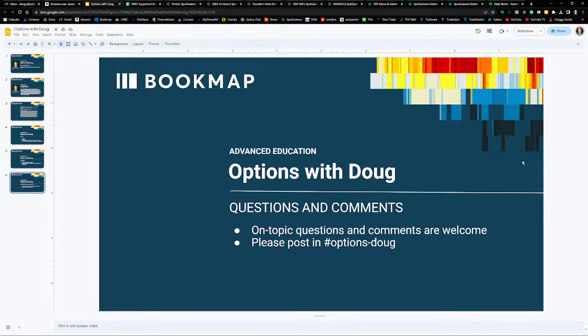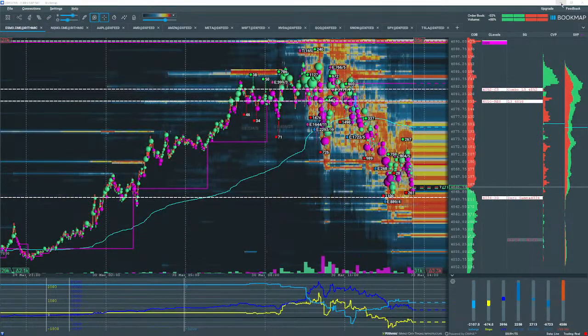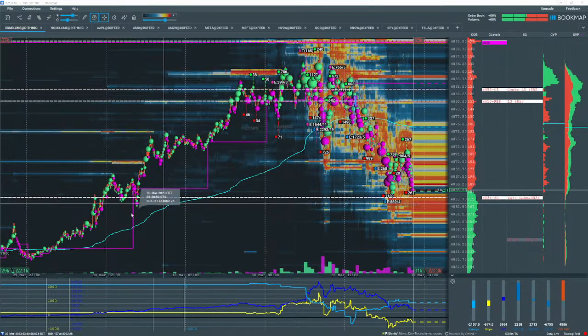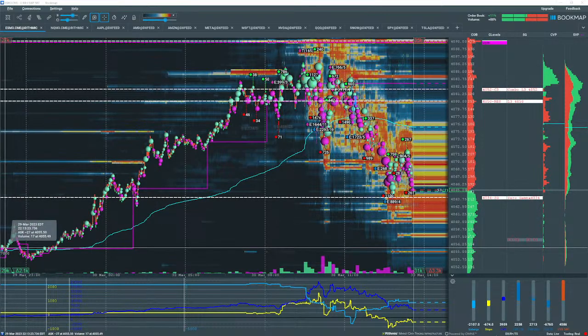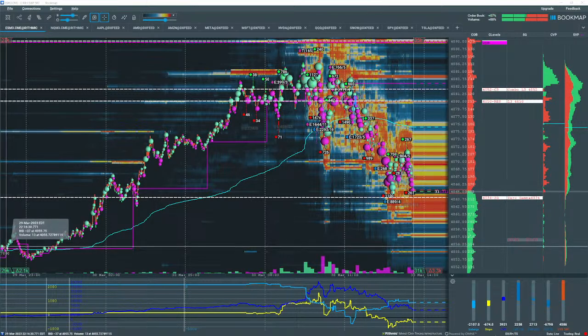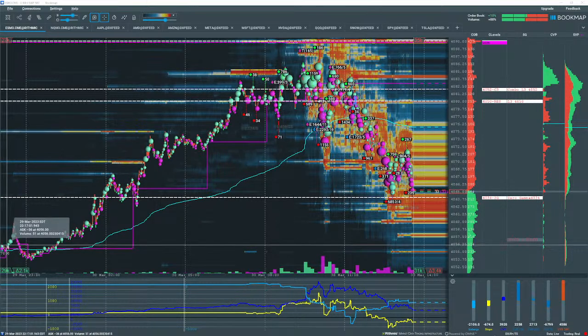All right, let's go ahead and start with our positional analysis now. And I'm going to take a look at the S&P 500 futures. And this is the ES futures in Bookmap. And I'm showing data from the open yesterday afternoon.